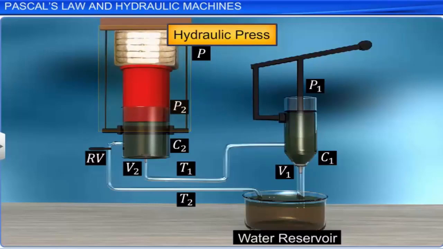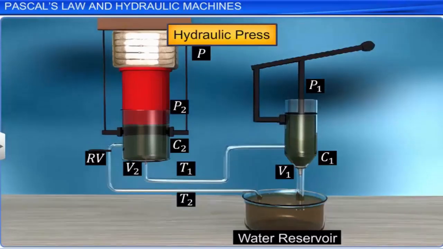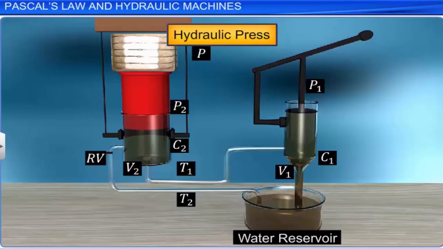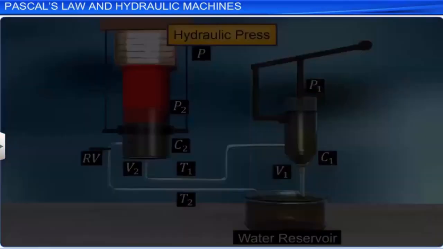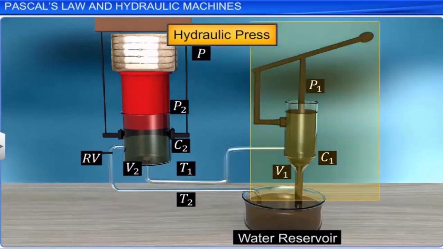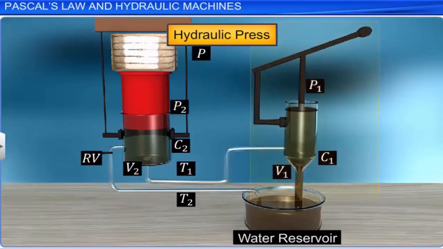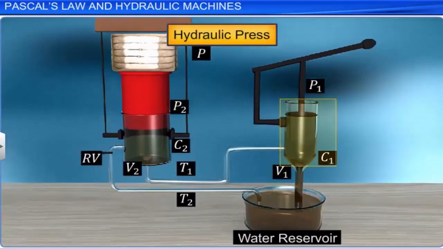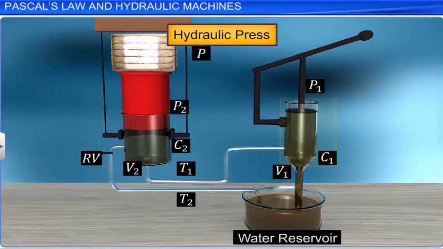Upon the action of the handle, the valve V1 opens. The water from the reservoir is sucked into the cylinder C1. During this process, valve V2 remains closed. When piston P1 is pressed down, valve V2 is opened. Valve V1 is closed and the water is pushed from cylinder C1 to cylinder C2 through T1.